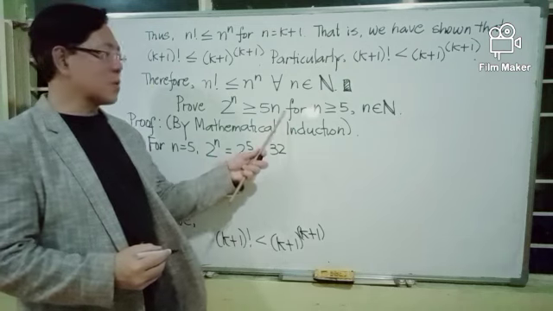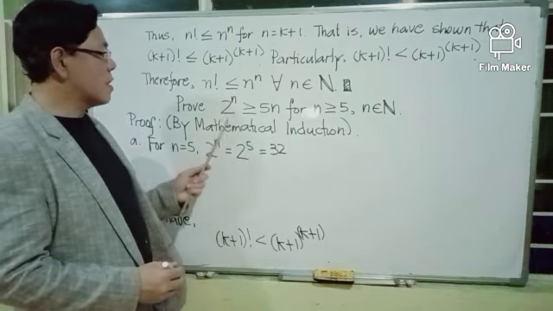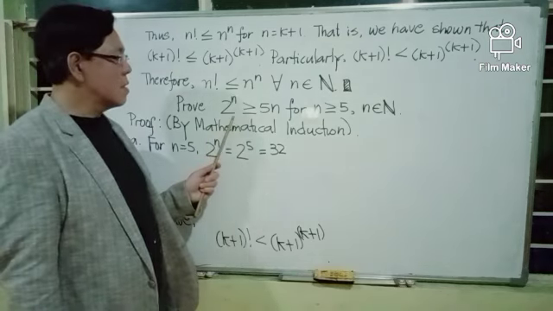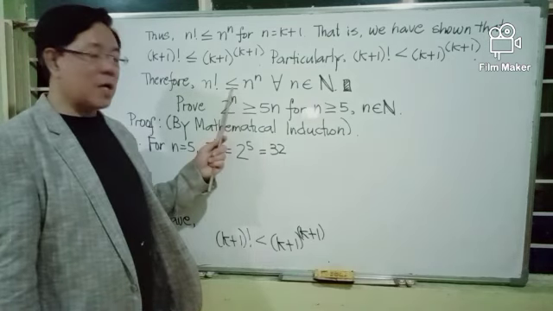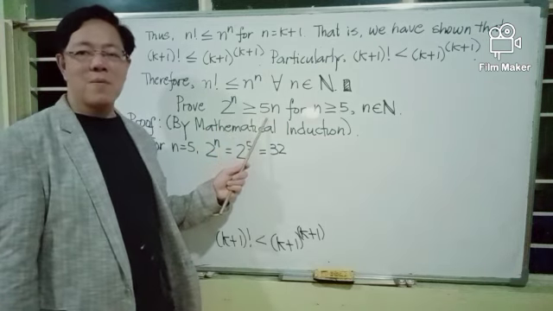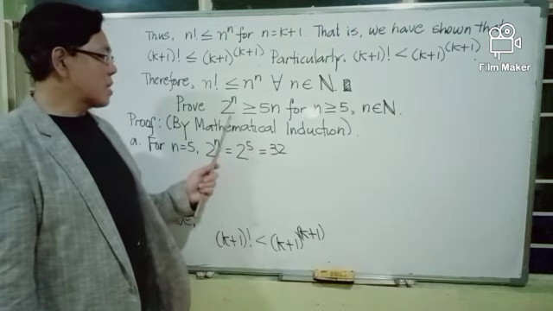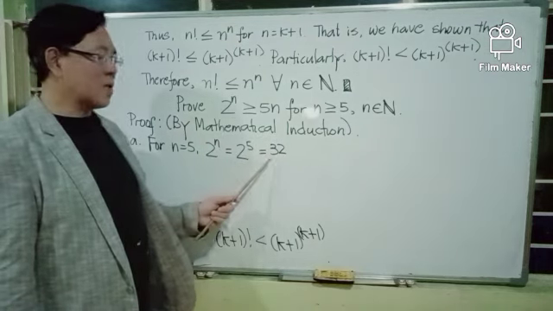And we also compute the right-hand side, and we show that the value of 2 to the n at the left-hand side is greater than or equal to the value of 5 multiplied by n at the right-hand side. We have computed the left-hand side 2 to the n, and it's equal to 32.